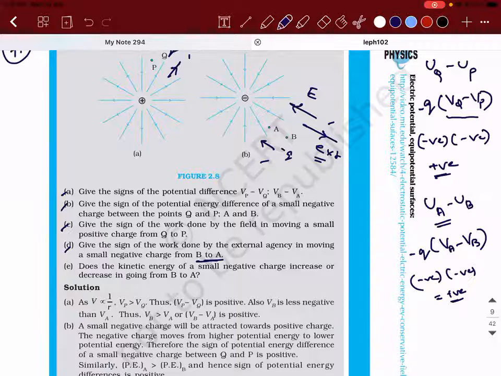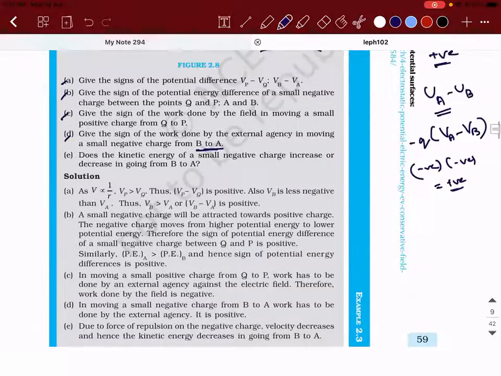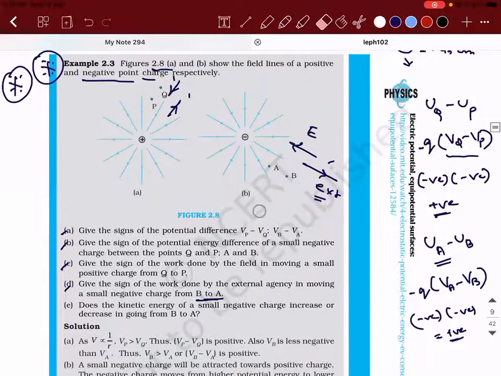It will repel, right? So who can move the charge from B to A easily? So work done by the external force will be C. I'm trying to give you a logic. Listen. Electric field is there, right? If you are moving a positive charge Q from B to A, the work done would have been positive.